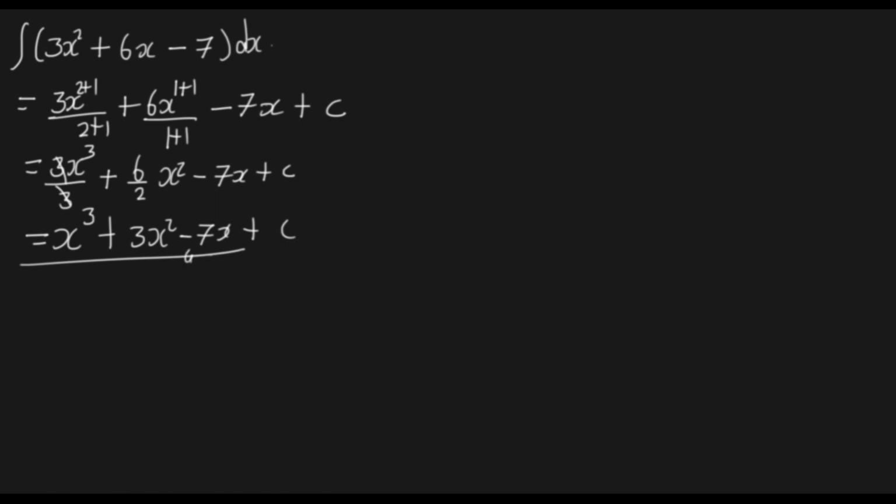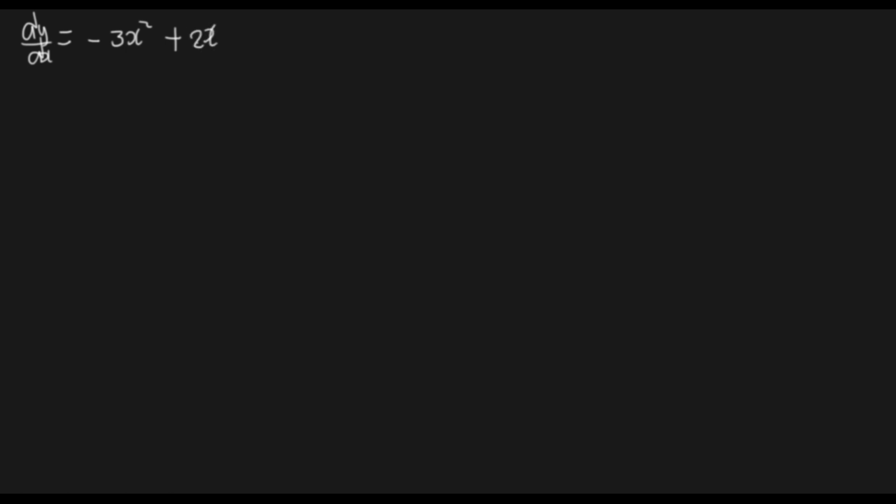Okay, now let's try a different one. This time we are going to find the integral given the point where the function is passing through. So let's say we have dy over dx is equal to negative 3x squared plus 2x.